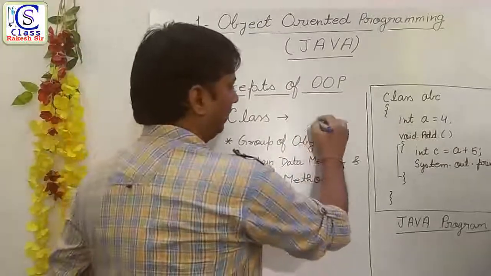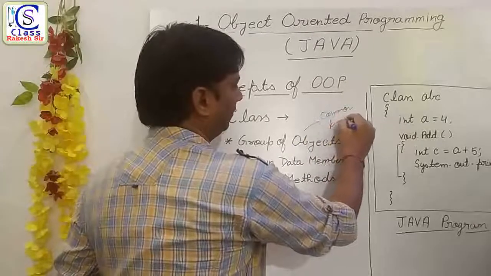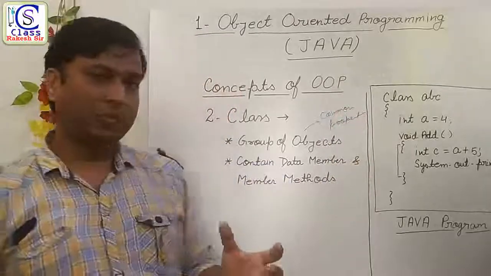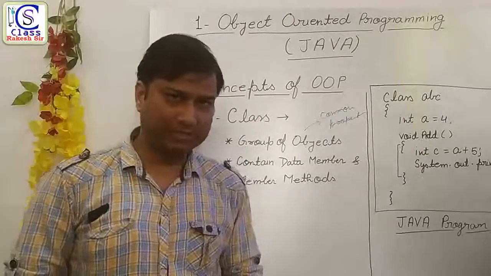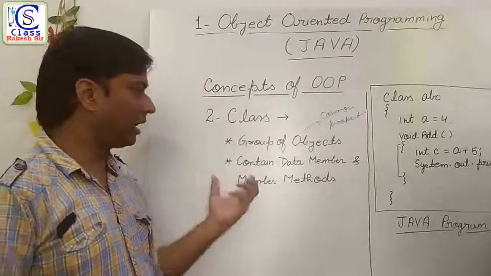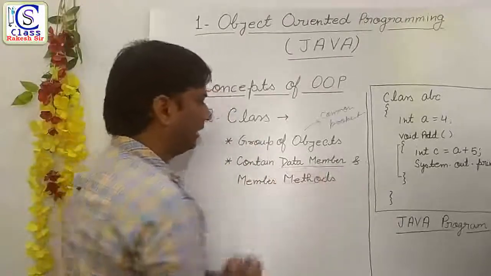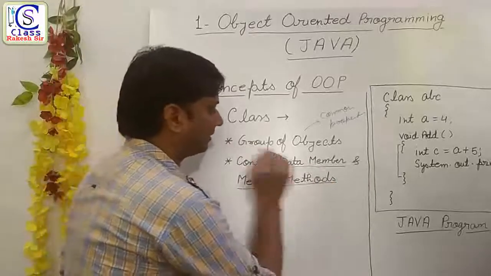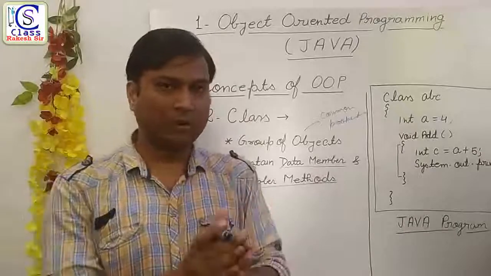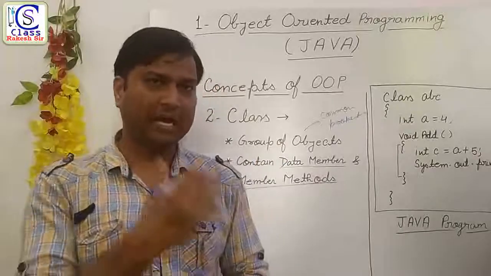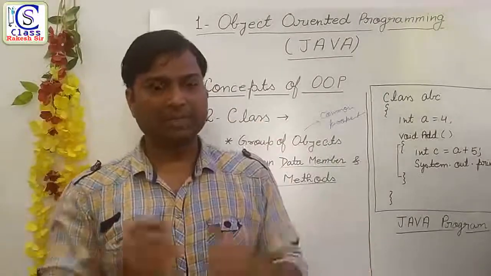So a class is a group of similar types of objects, and a class also contains data members and member methods.